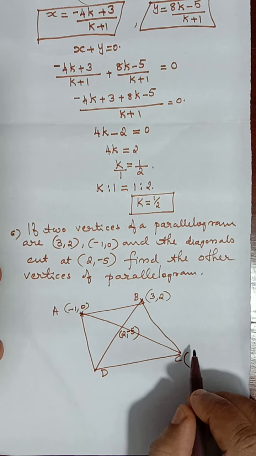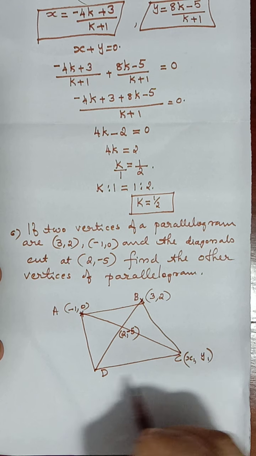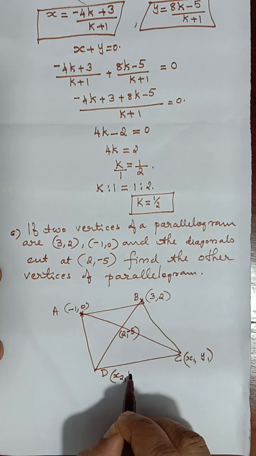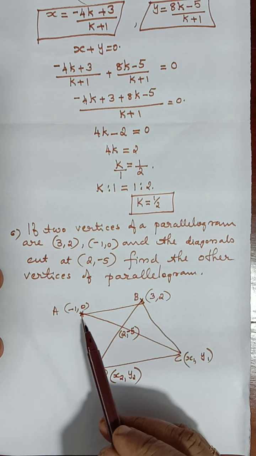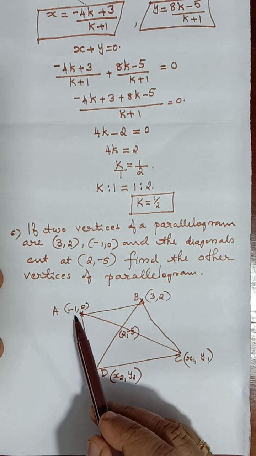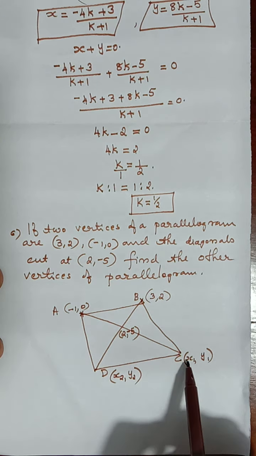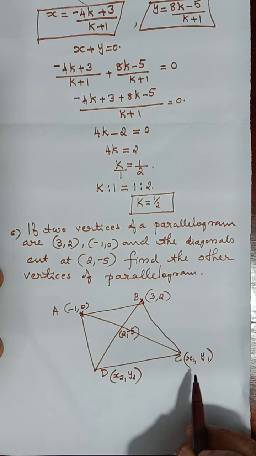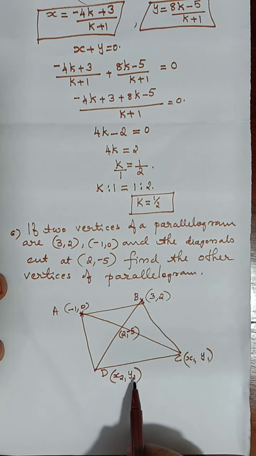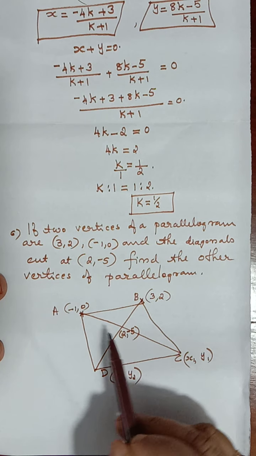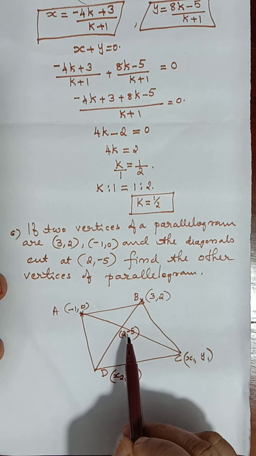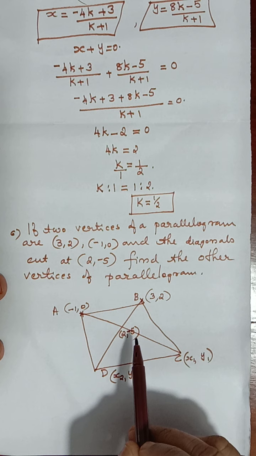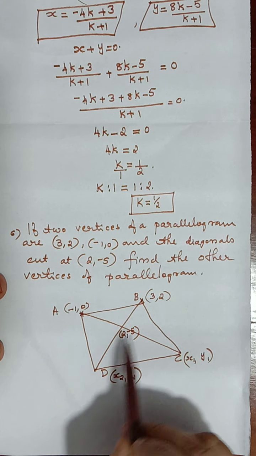We have to find out x1, y1, the C coordinate, and the D coordinate. This method is better, I think. We have (3, 2) at the right side. This comes at the left side on the x-axis. Then over AB, the third point and fourth point we are marking. Third point (x1, y1), fourth point (x2, y2). The diagonals intersect at (2, -5). (2, -5) comes in the fourth quadrant, is it? Okay, this is how we can mark.